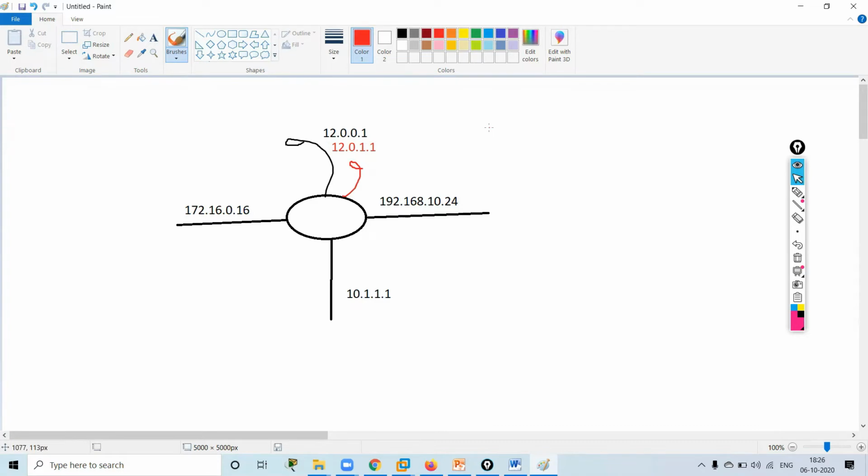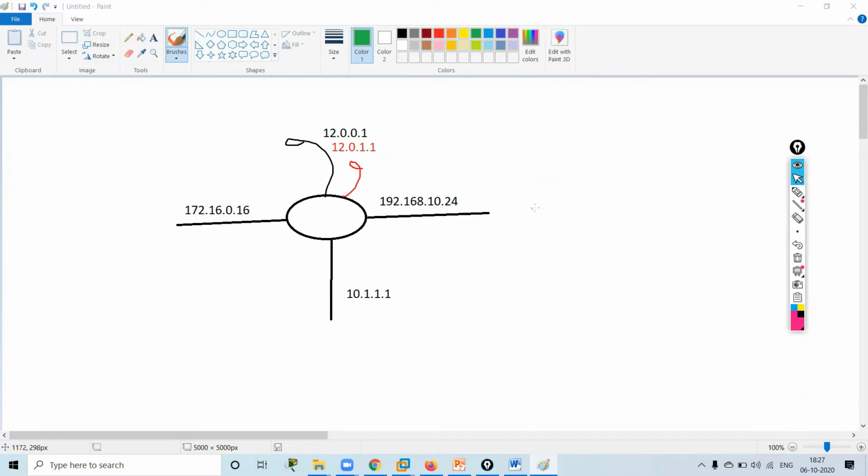So which IP address will be selected as my router ID? 192.168. Who said this 192? Nilesh or Pawan? Pawan. Okay.